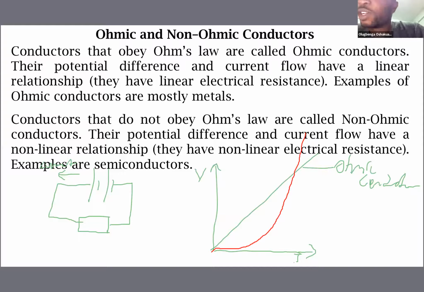Since the relationship between the voltage and the current flow is non-linear, we'll say it is non-ohmic. These non-ohmic materials are popular with semiconductors, where the free electrons are not as many as we have in conductors.